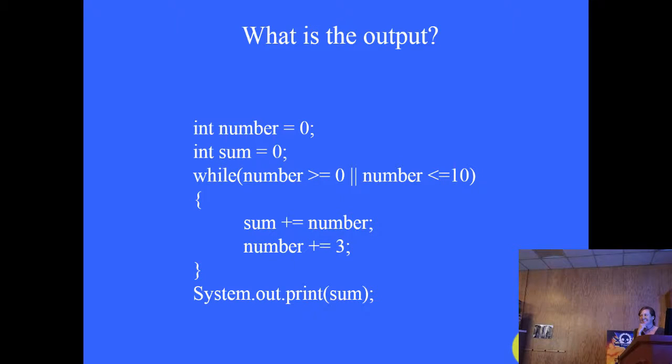Is it 0, 3, 6, 9? What do you think, Jose? 3, 6, 9.